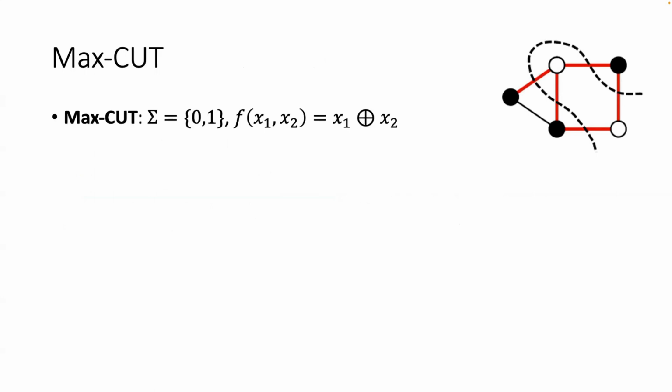The most widely studied example of such a problem is the max cut problem, which is over an alphabet of size 2, and it has arity 2, meaning that each constraint only affects 2 variables. When you apply a constraint to a pair of variables, the constraint says that those 2 variables have to get assigned a different value.